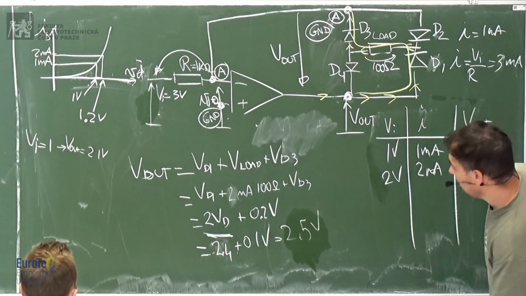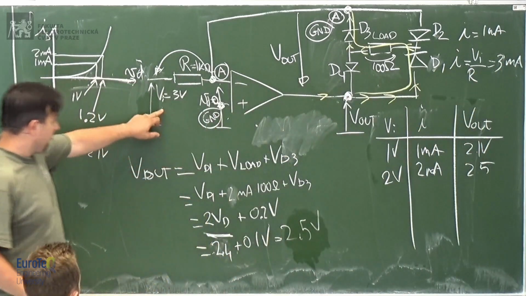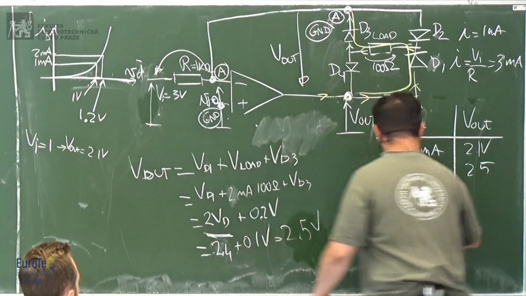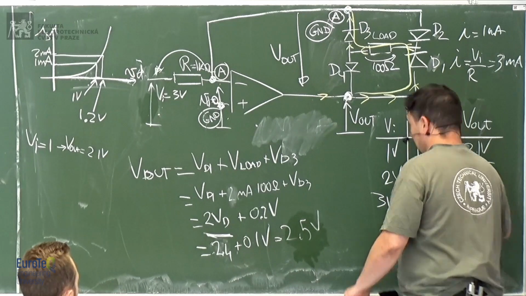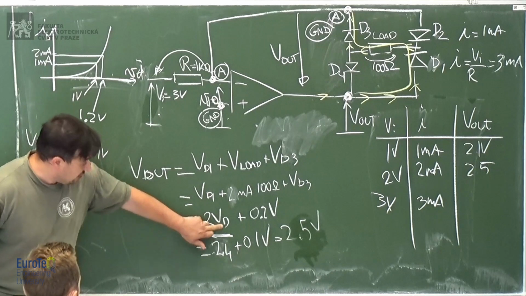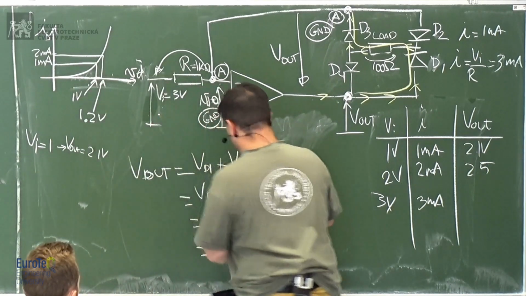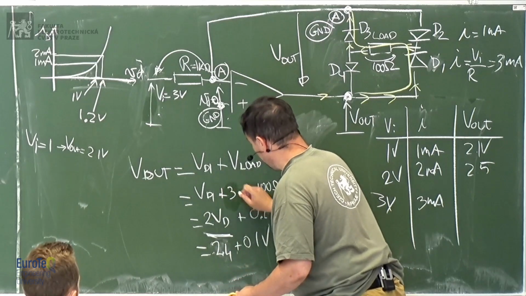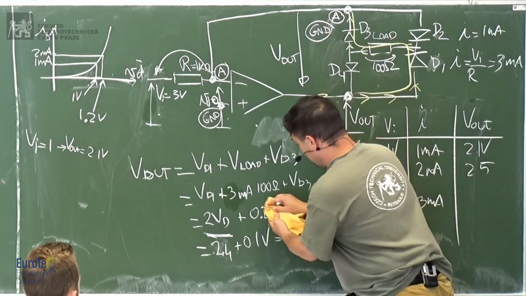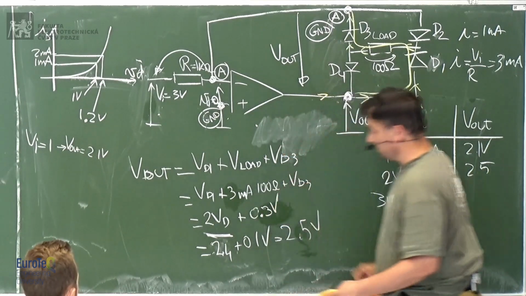Now, you got how it works. So we have 3 milliamps because we apply 3 volts here. So 3 volts, 3 milliamps. And now we need the voltage on the diode. Here we have 3 milliamps, so it means that we have 0.3 volts.